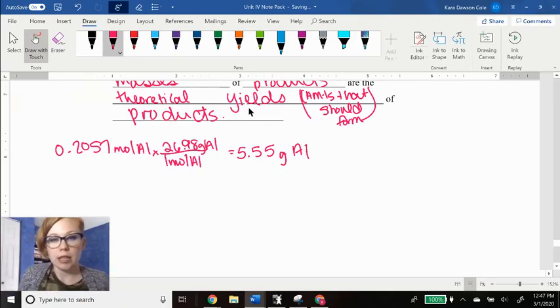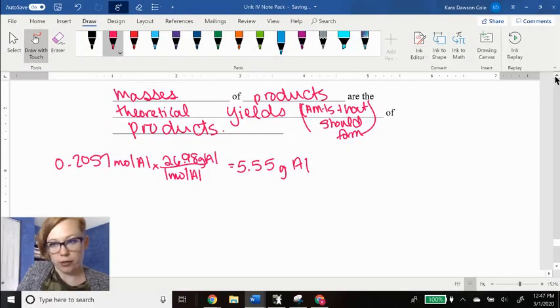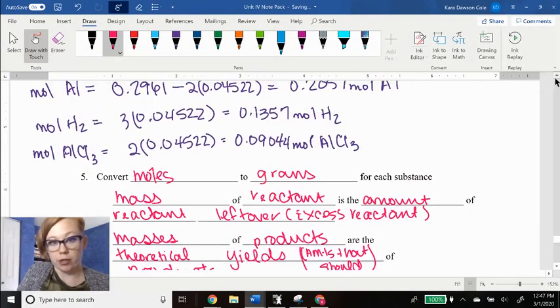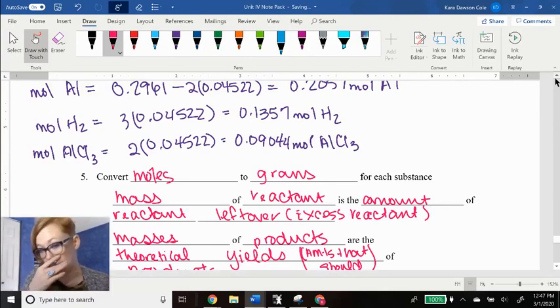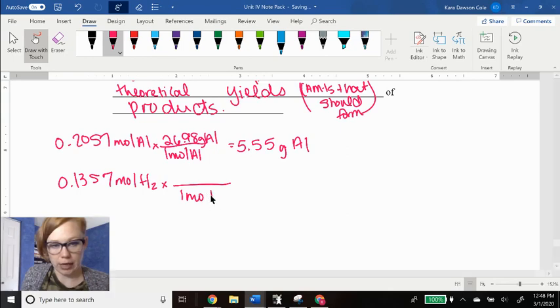And then going back up to the top here to figure out how many moles of hydrogen. So I've got 0.1357 moles of hydrogen. So it's going to be 1 mole H2, and it's going to be 2.02 grams of H2.